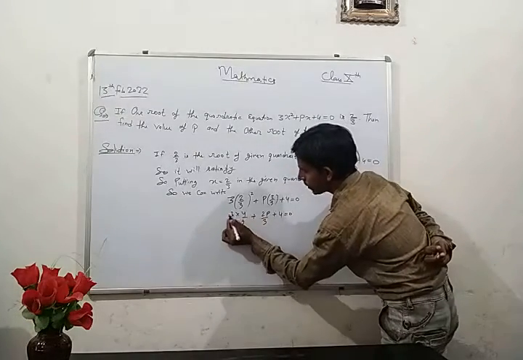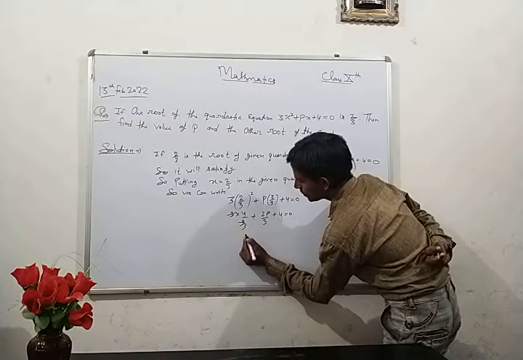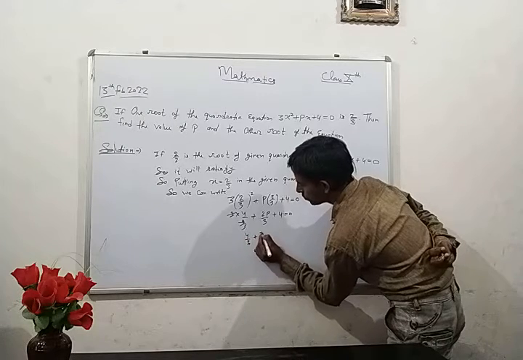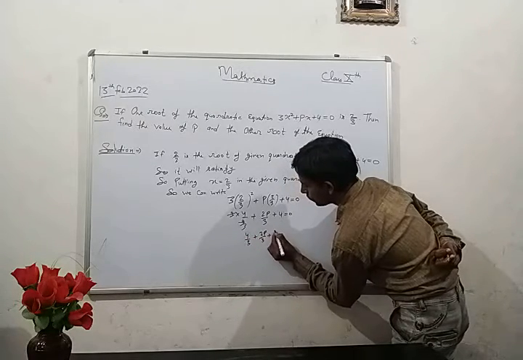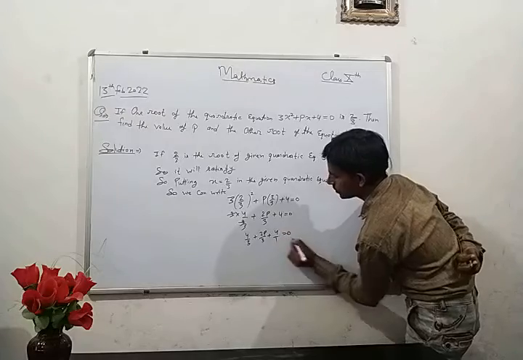We know that the square of 2/3 is 4/9. So 3 × 4/9 + 2p/3 + 4 = 0.